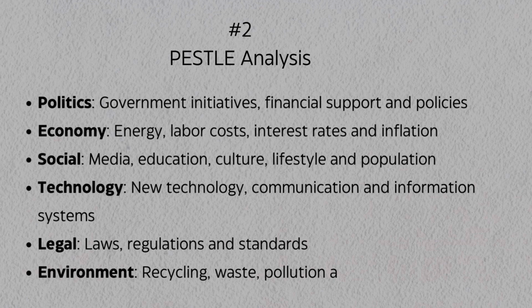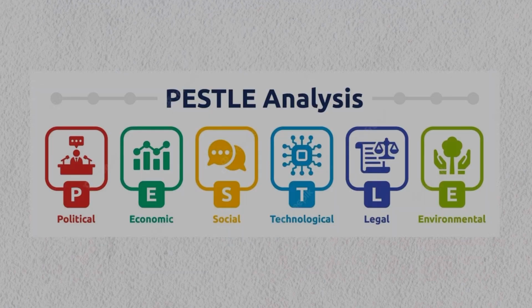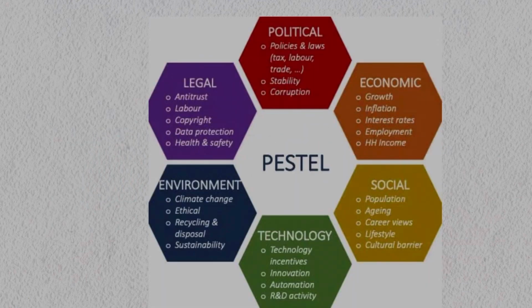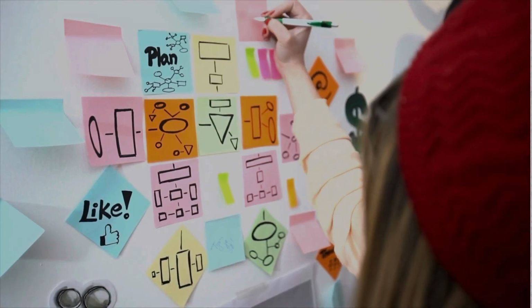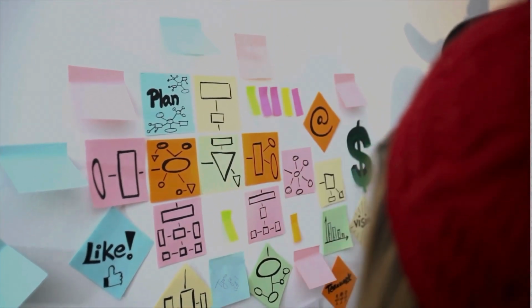S for social, which is media, education, culture. T for technology, L for legal, and E for environmental factors. This simple technique allows business analysts to identify and minimize any potential threats that an organization might face from the external environment.